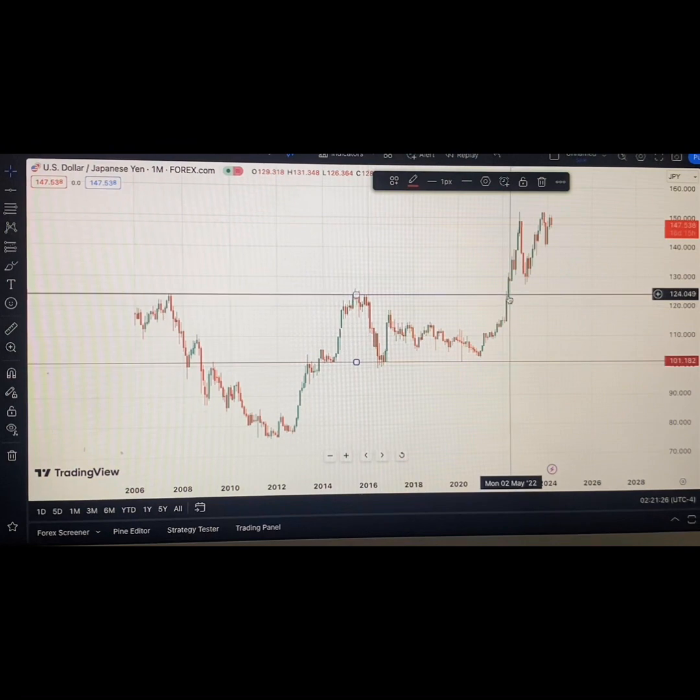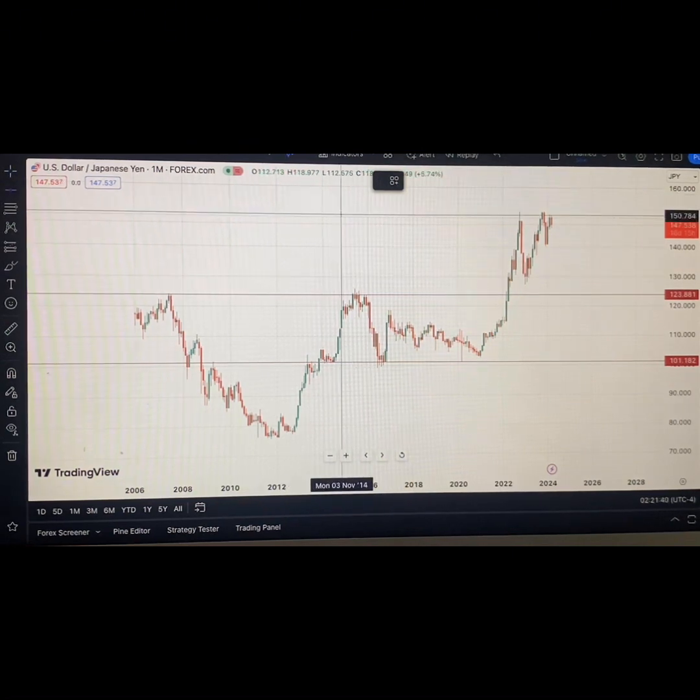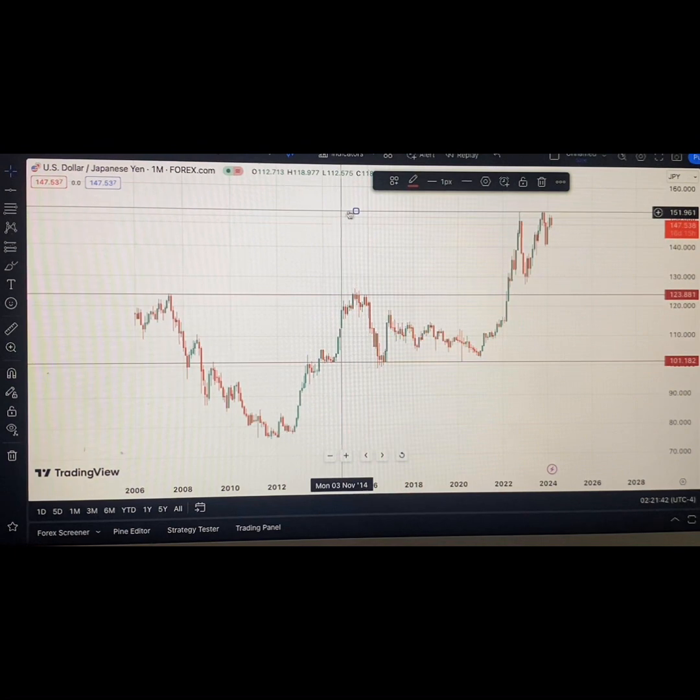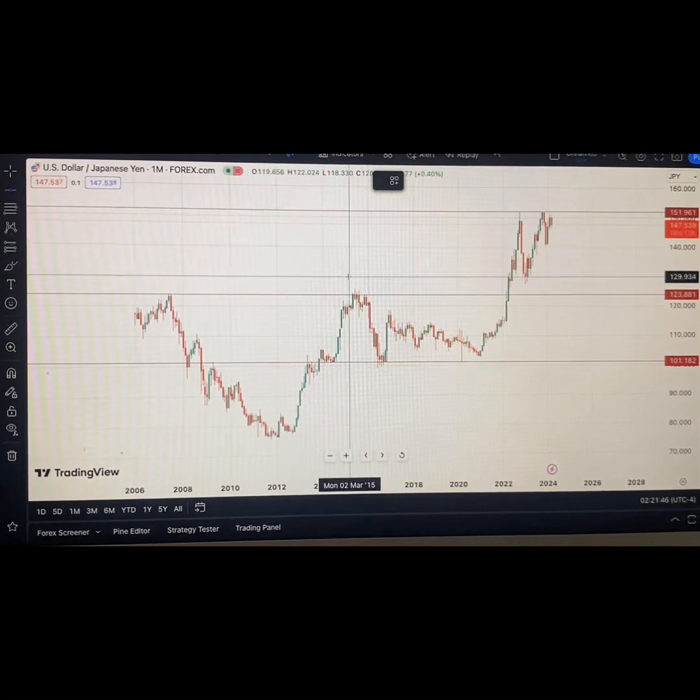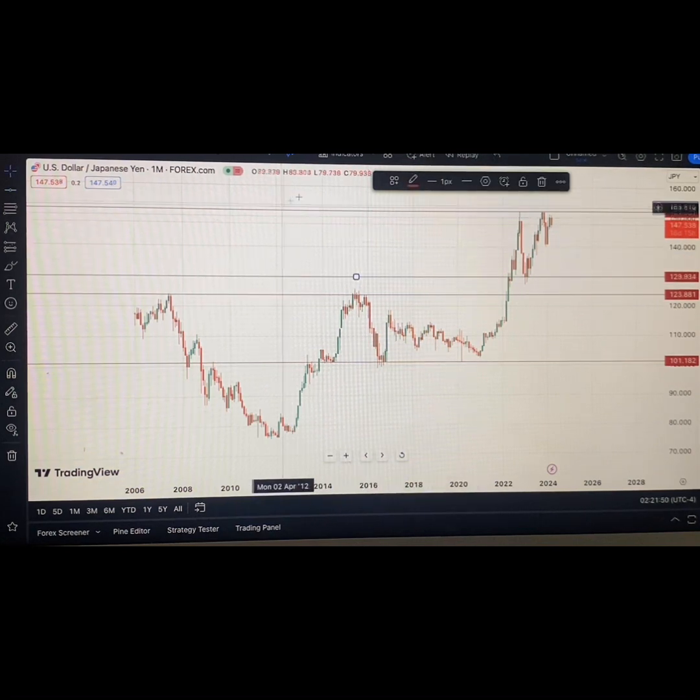After the range, the market broke the resistance zone, pushed up and formed a new resistance. Then there's another support zone here. Let's get that. A resistance zone, and this could be considered as a support zone on the monthly time frame.